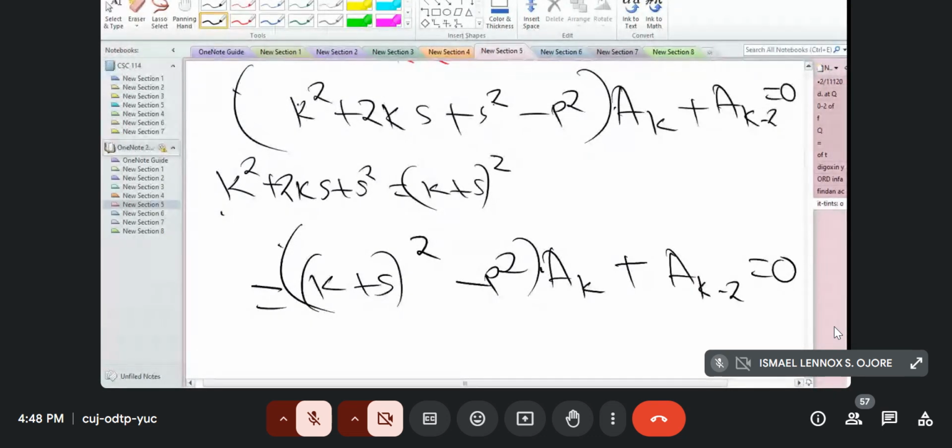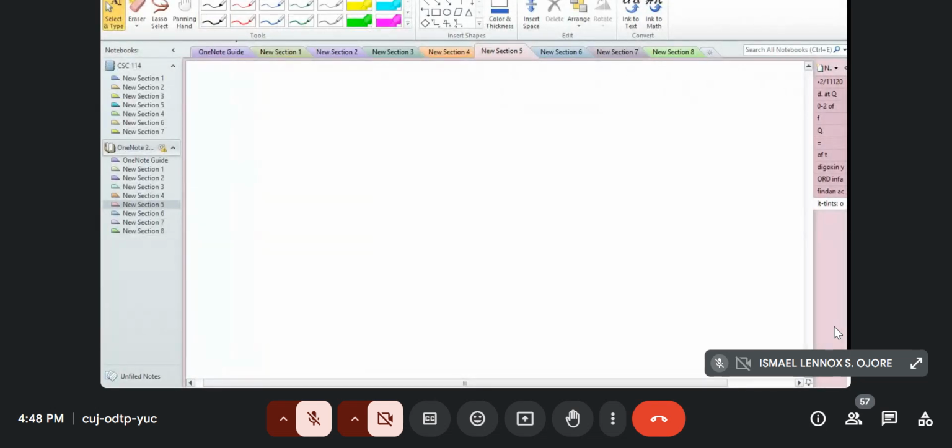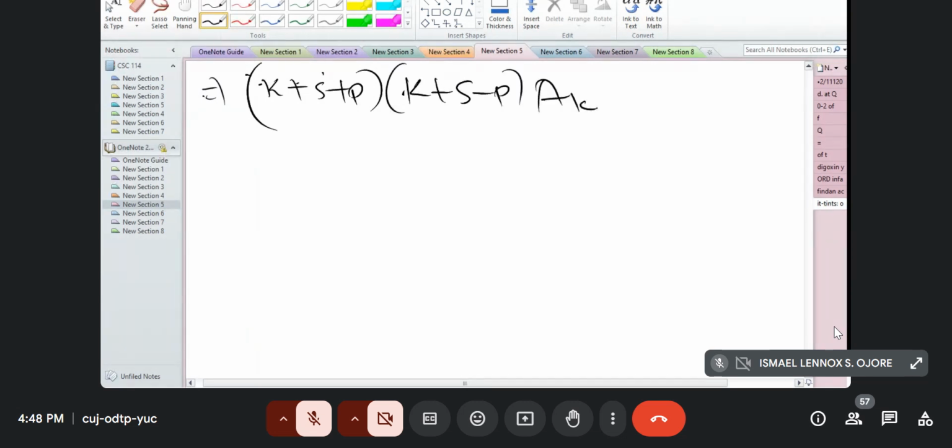Again, let's use the property of the difference of two squares to rewrite the first bracket. So what do we have? K plus s plus p, k plus s minus p, times ak, plus ak minus 2 equals 0.